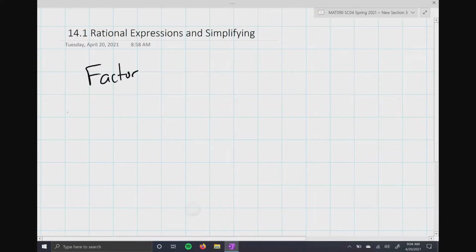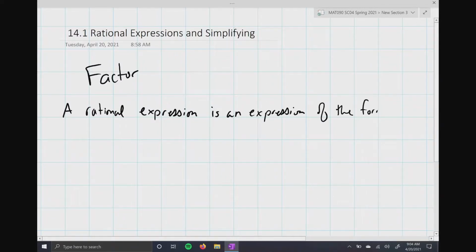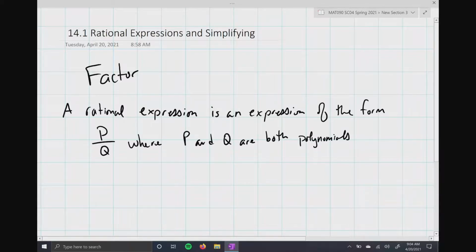So a rational expression is an expression of the form P over Q, where P and Q are both polynomials and Q cannot equal 0.